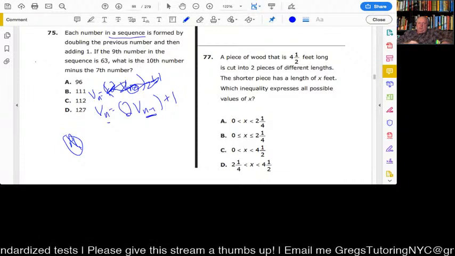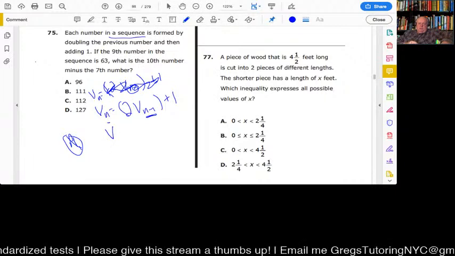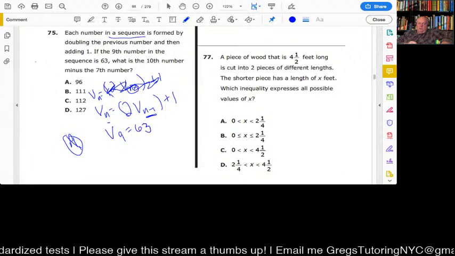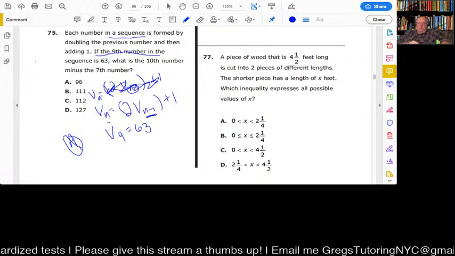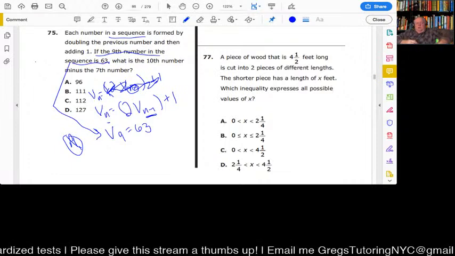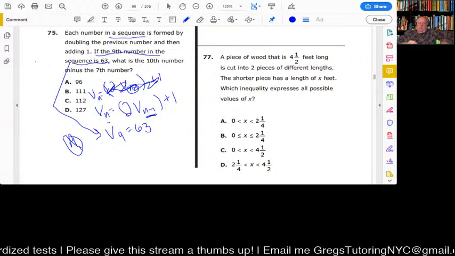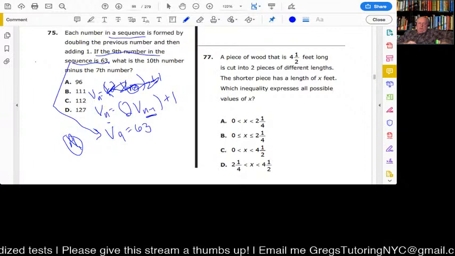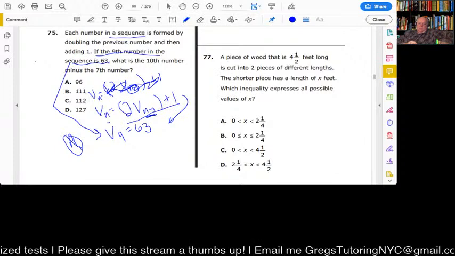So it's telling us that the value of the 9th number is equal to 63, right? That's what this right here means in math. Okay, so if we use these, that means that we have to work this part backwards.